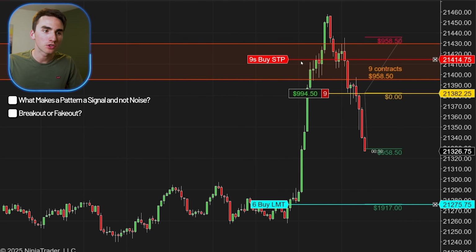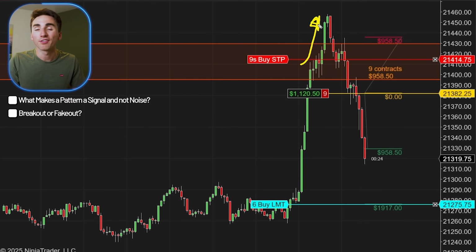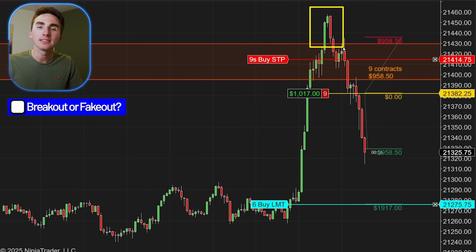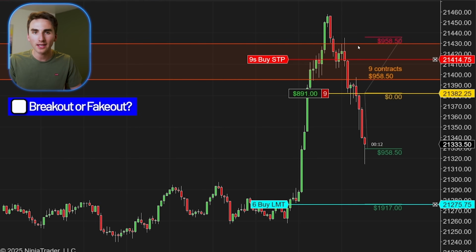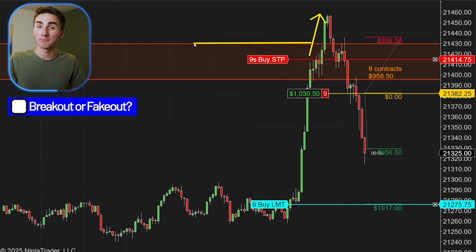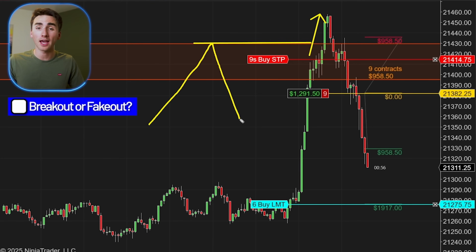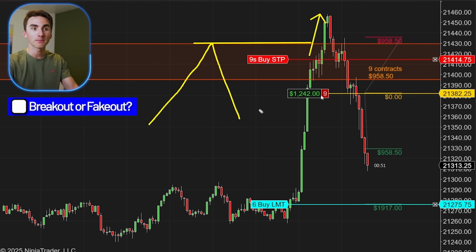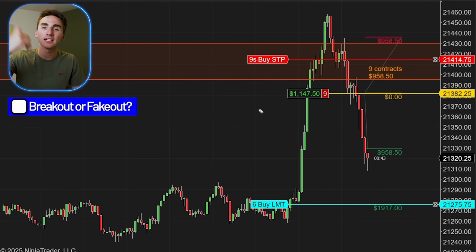And so what we want to do is wait and figure out if this is going to be a breakout or a failed breakout. A lot of the times you can wait and see what the pullback does. This breaks out of the previous major swing high that the market had before. And so a lot of times people might jump in thinking that that's going to be a breakout, and instead it fakes them out.